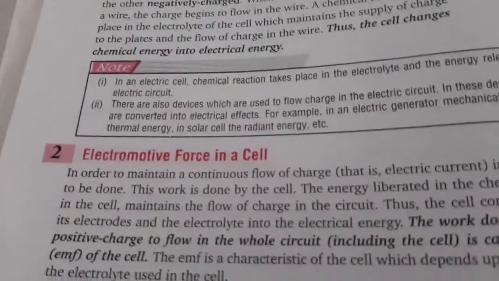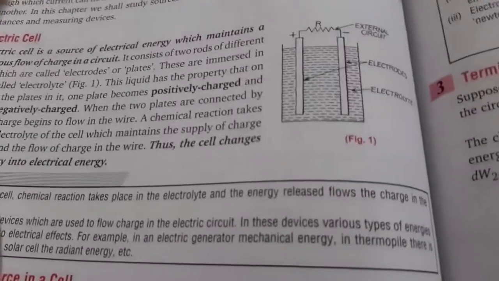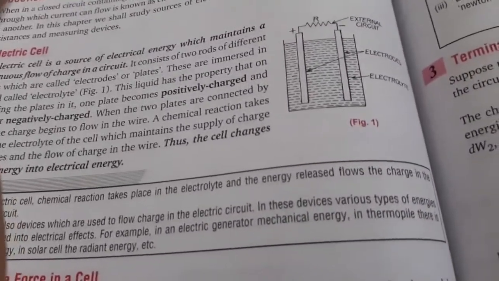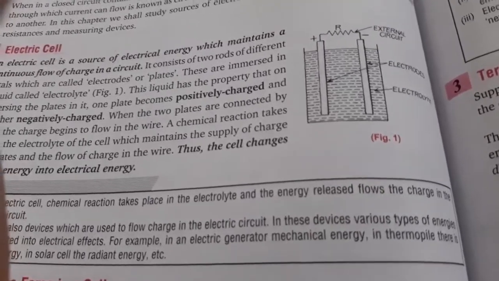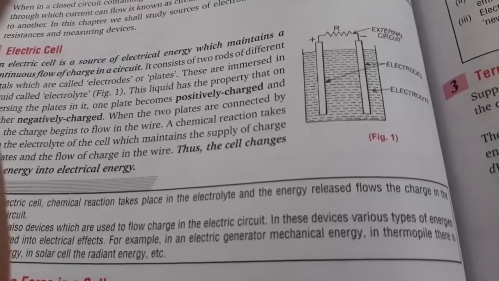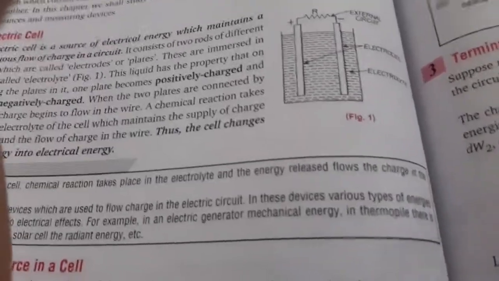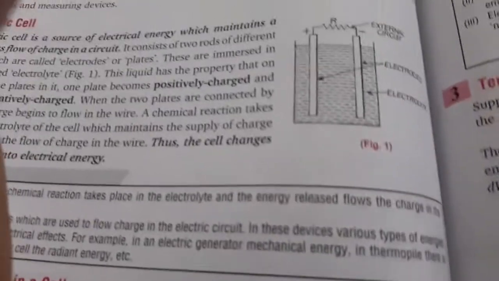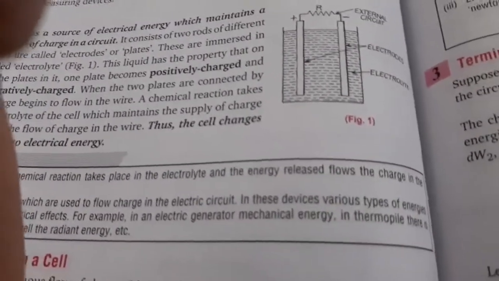And the second topic is electromotive force in a cell. Actually, electromotive force is a misnomer. Electromotive force is that agency due to which a positive charge flows from low potential to high potential inside the cell.